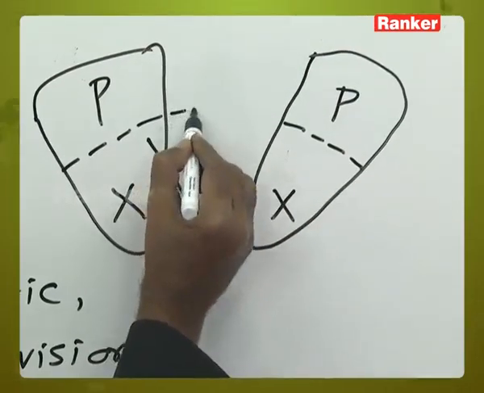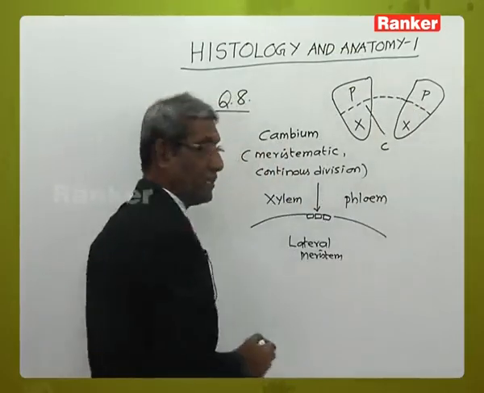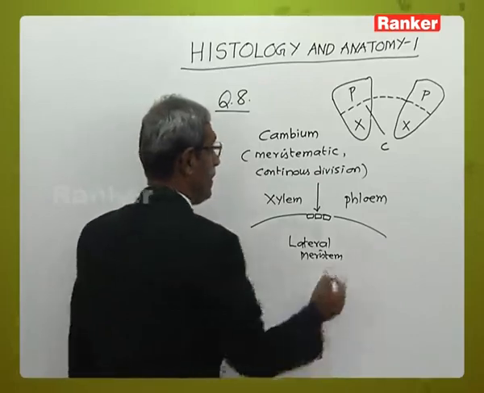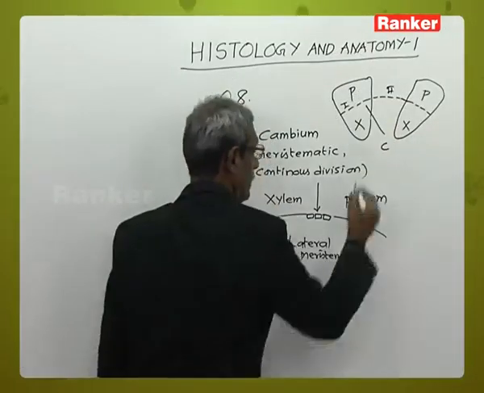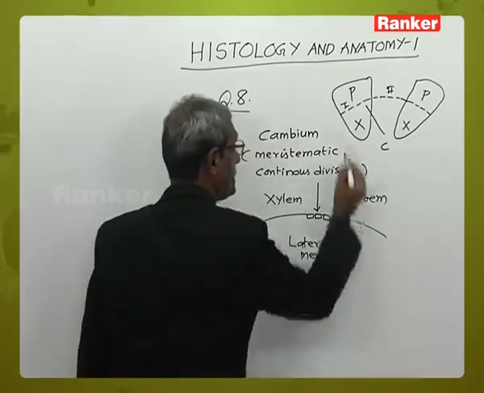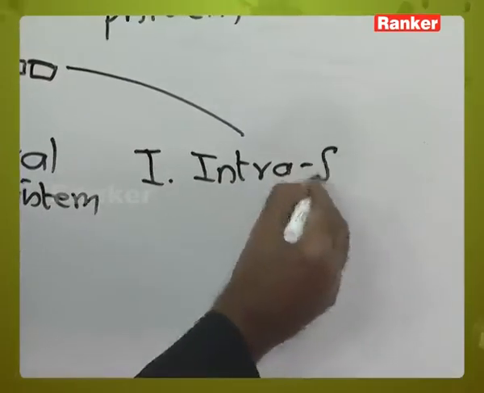Again, the cambium which extends between two vascular bundles also is present. So, we have 1 and we have 2. The first one is termed as intrafascicular cambium.